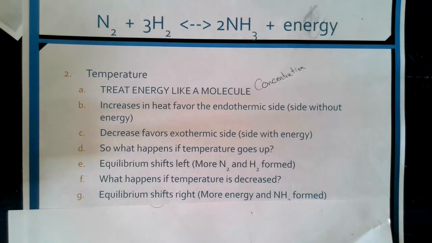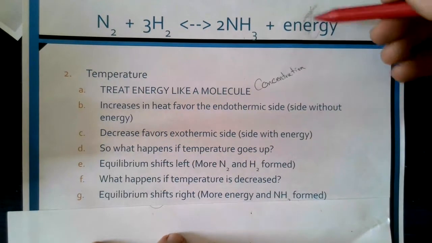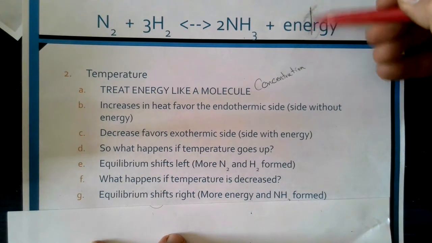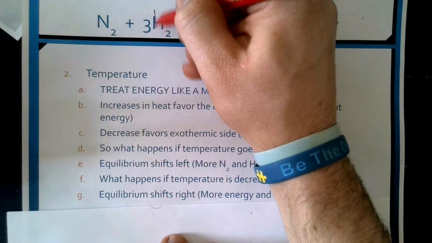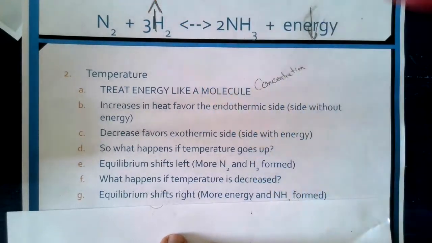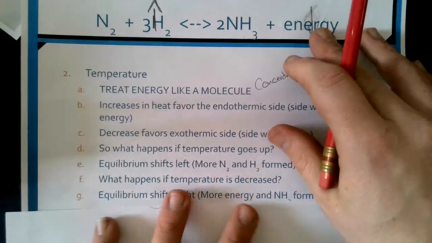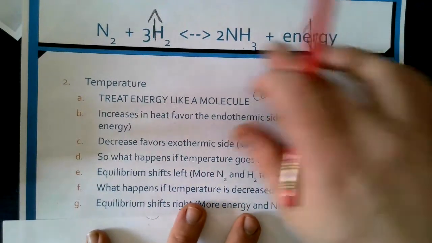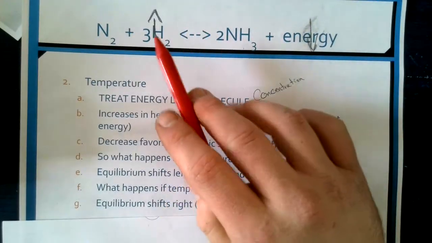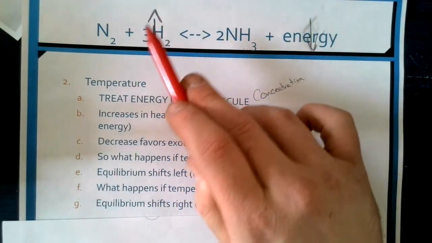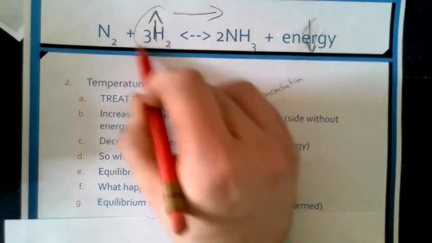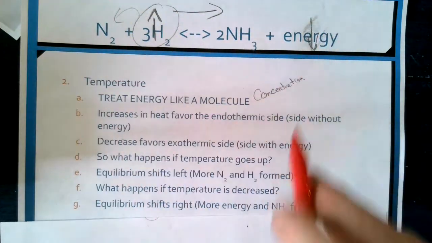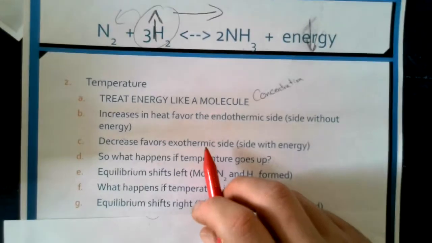And he told his lab assistant, make sure that you decrease the temperature, and make sure you add some more hydrogen into the situation. And so what happened when he did this is the increase in the reactant pushed the equilibrium to the right. More hydrogen was colliding with nitrogen, and it pushed it to the right.